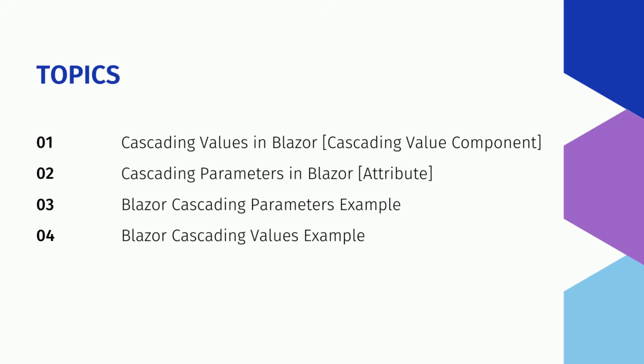And the third one, Blazor cascading parameters example. So we will be showing some examples of how we can use cascading parameters, and also we will be showing an example of how to use cascading values. So that is the fourth point, Blazor cascading values example. So now let's start the session and let's see these points in detail.